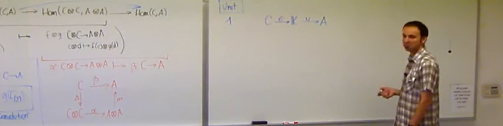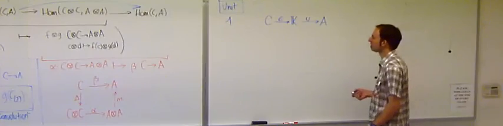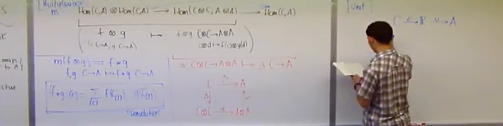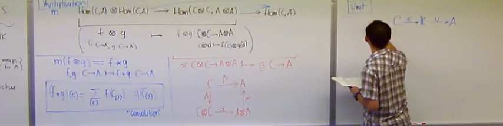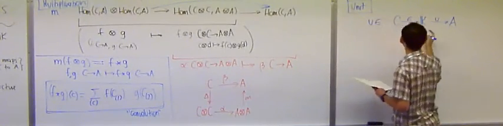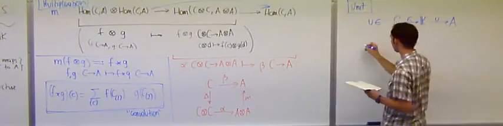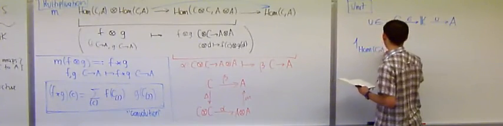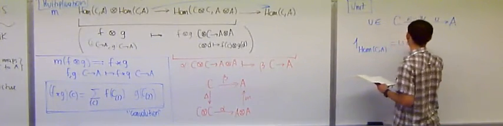So I get a map from C to A, and I call that 1. So let me say that this is the map u epsilon, the composition of u and epsilon, and that is what I call the 1 here. So the 1 of Hom C A is the map u epsilon.